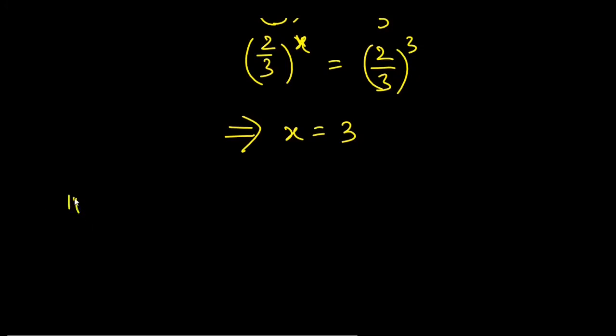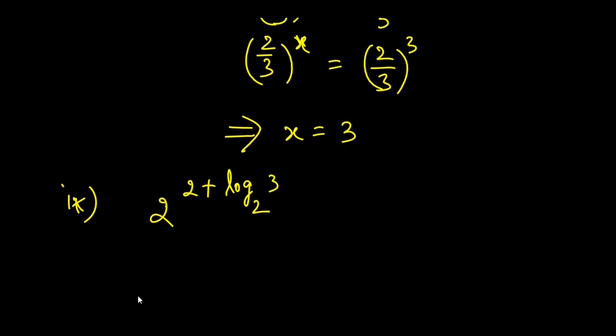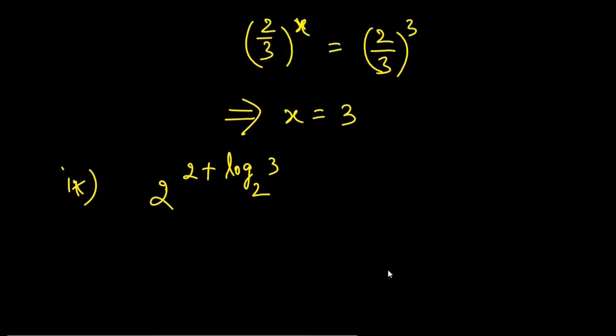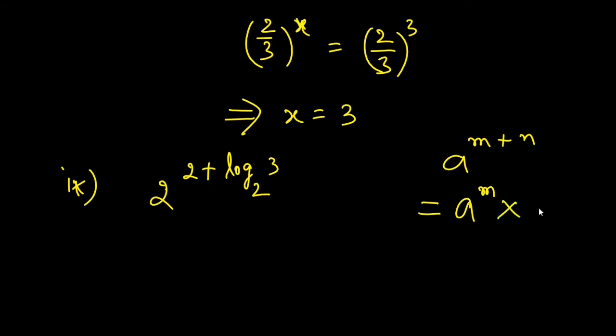The other one, 2 power 2 plus log 3 to the base 2. Now this is in the form of a power m plus n. So we can write it as a power m into a power n.